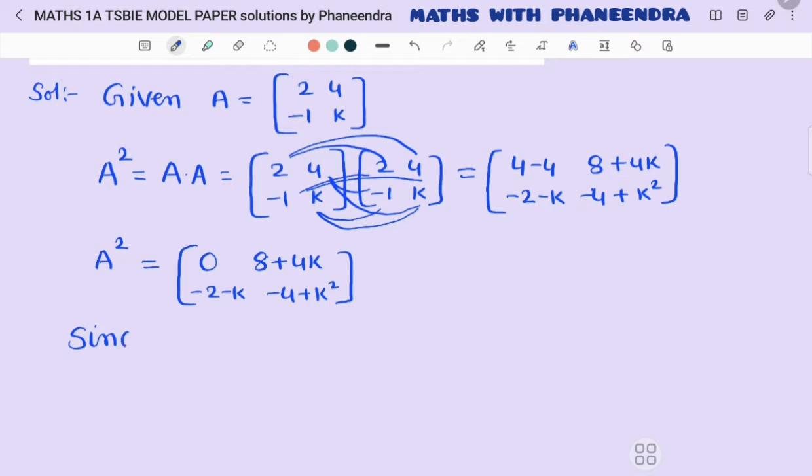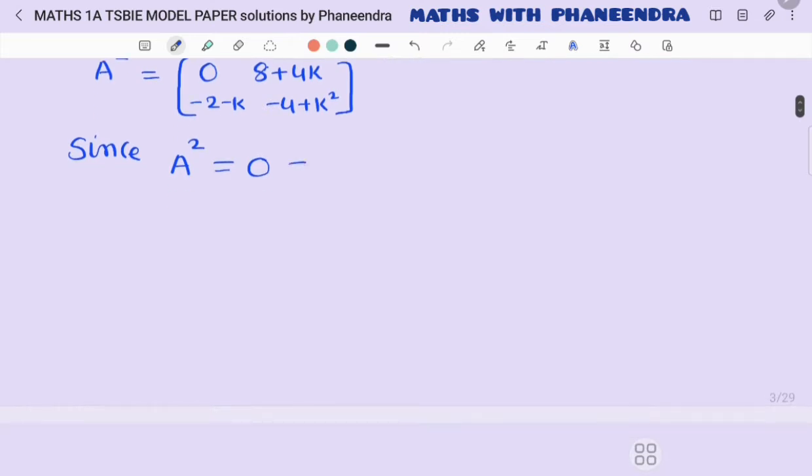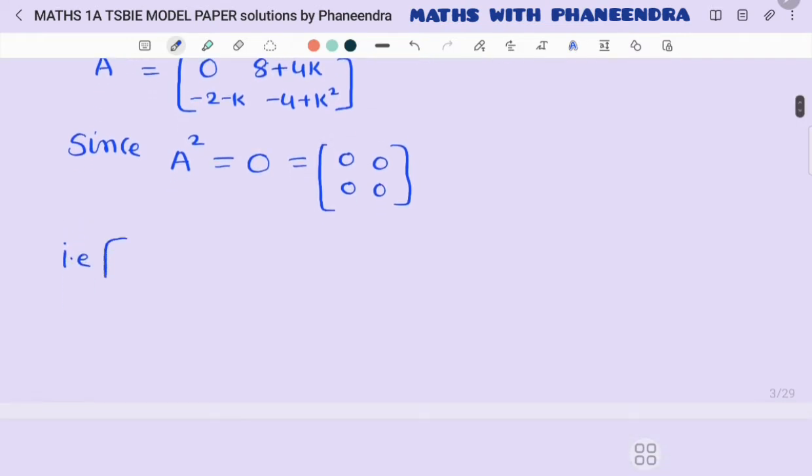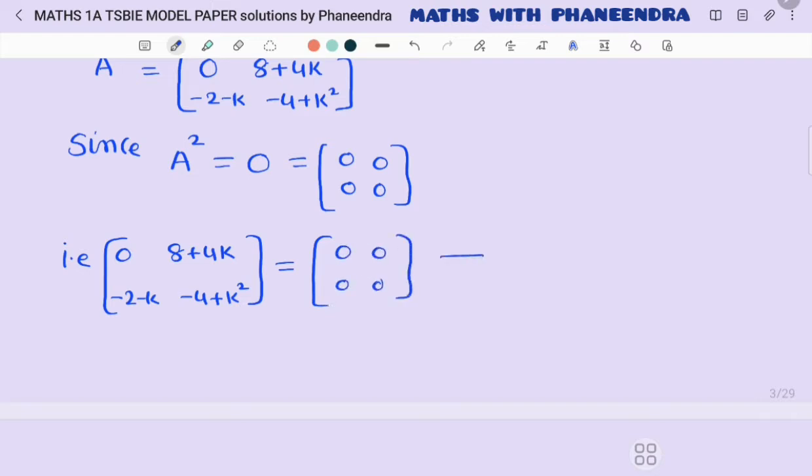Since A square is equal to the null matrix, that means the 2 by 2 null matrix [0, 0; 0, 0]. So A square is [0, 8+4k; -2-k, -4+k²]. We need to equate the corresponding elements to get the value of k.